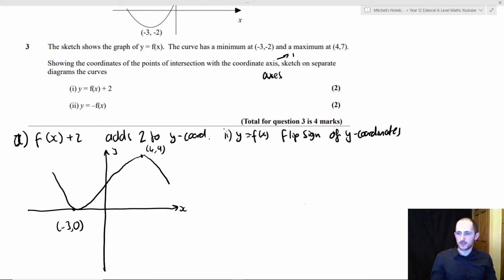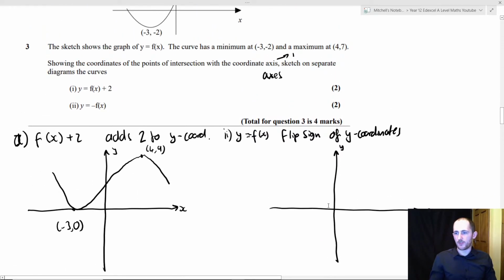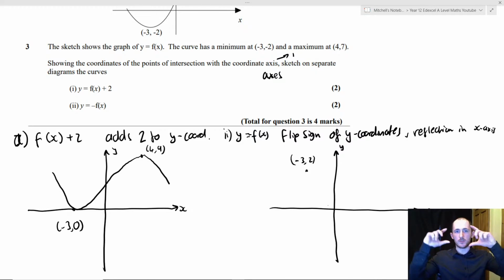So again, let's draw our little axes out. Okay. -3 minus 2 now becomes -3 plus 2. And one thing to note is that when you have a minus f of x, it's the same as a reflection in the x-axis. So that may sound a bit fancy, but all you're doing is you're taking it and flipping it over. Okay?